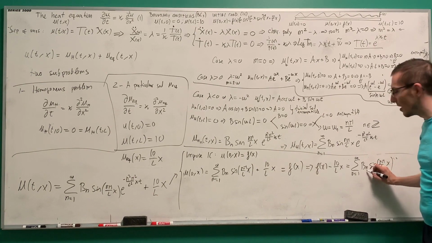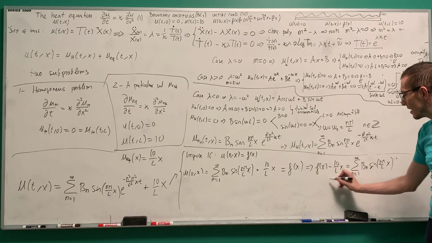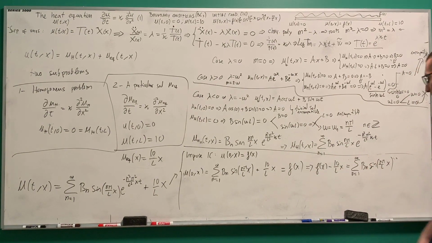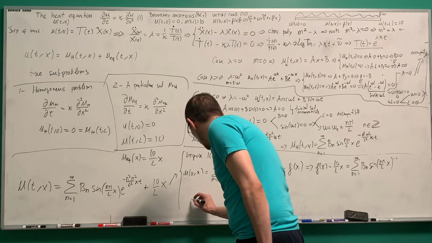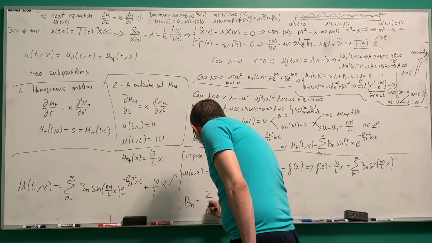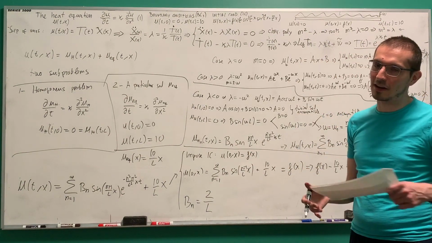So the Bn's are the coefficients of the sine Fourier series of the odd extension of f of x minus 10 over L x. If you want to write it as an integral, Bn would be equal to 2 over L. Remember, it would be 2 over 2L, but twice. Remember what we did before is the odd extension.